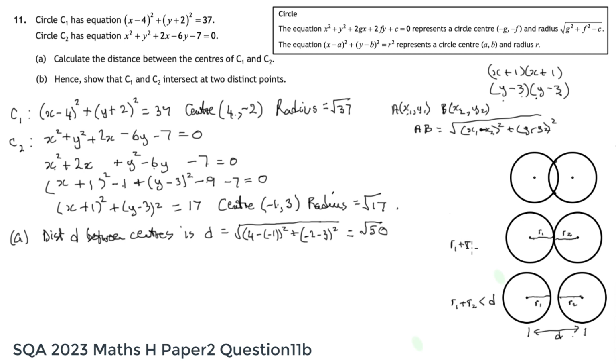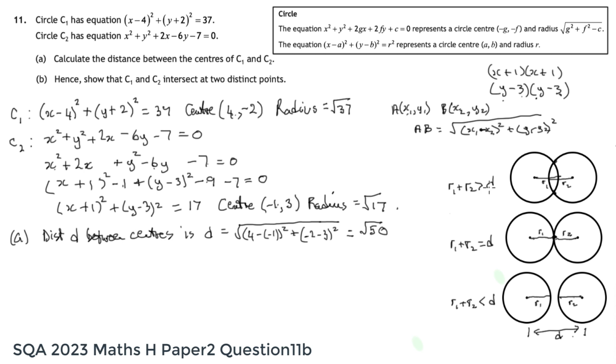So r1 plus r2 equals d, in this case where they touch. And in this last case, if we add up r1 and r2, you can see these two distances overlap. So when we add them up, we'll get a larger number than the distance between the two centres.